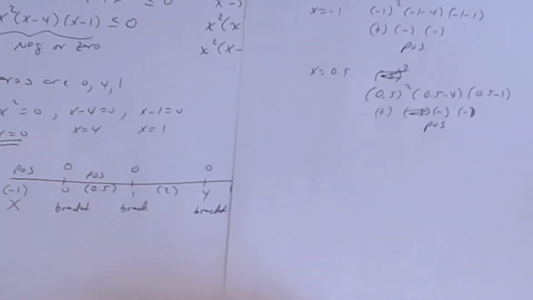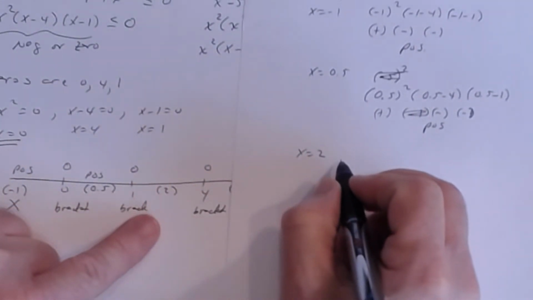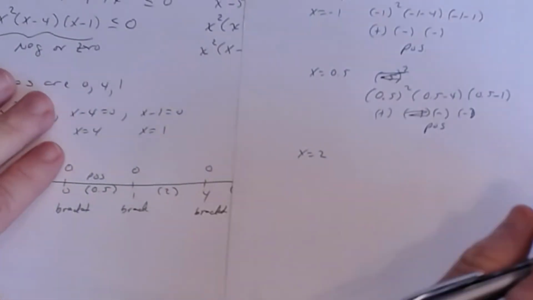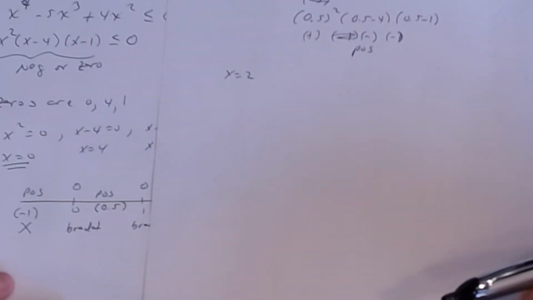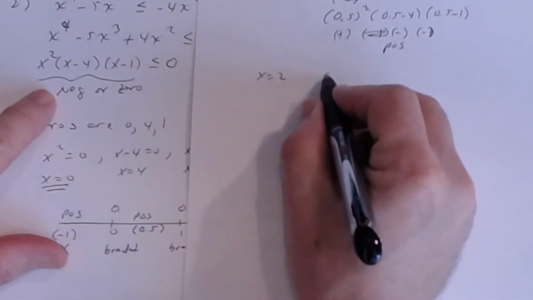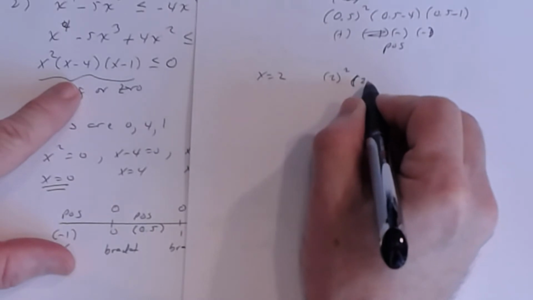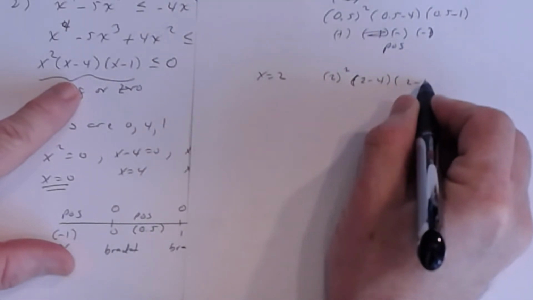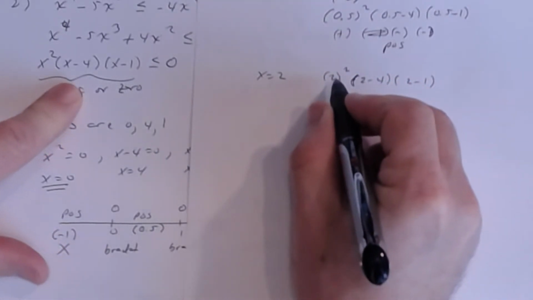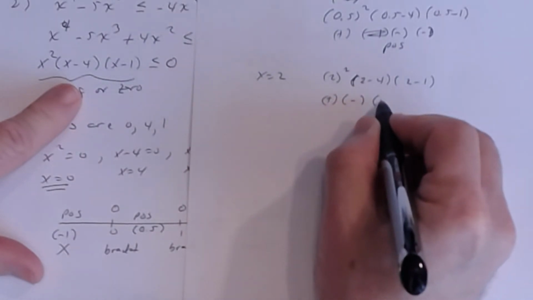Then I go to the next test point, which is x equal 2. I substitute that into the factored part and I get 2 squared times 2 minus 4 times 2 minus 1. Well, 2 squared is positive, 2 minus 4 is negative, and 2 minus 1 is positive.